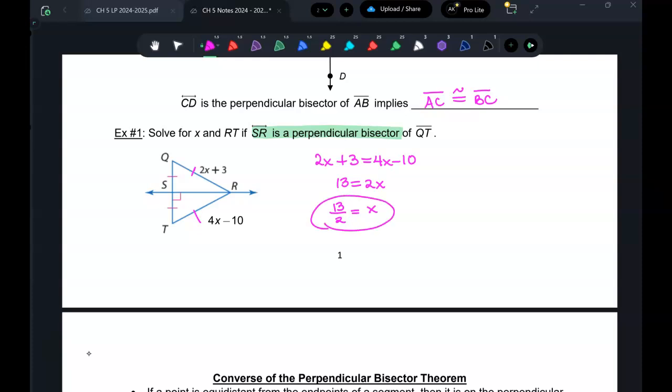We want to solve for x, and then we also want to find RT. So RT is going to be 4 times 13 over 2 minus 10. Well, 2 goes into 4 2 times. So 2 times 13, 26. 26 minus 10 is 16. Okay, next page. That was easy.